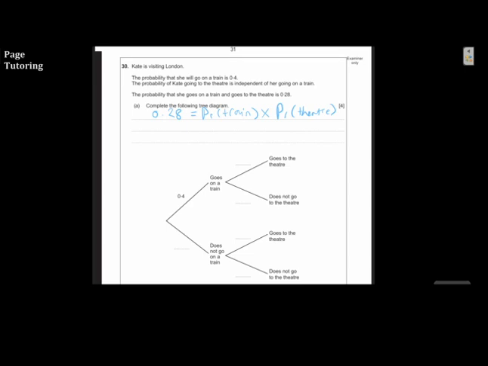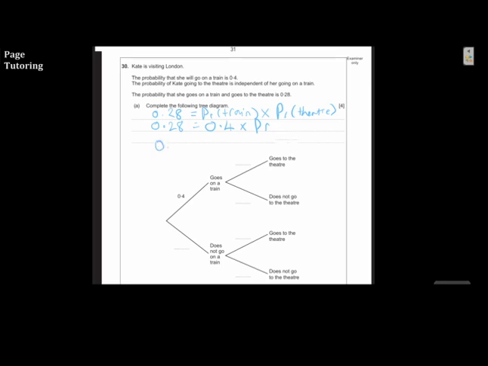And then we're not taking anything away. You might see that in equations where events are dependent on each other, but these are independent. So that's the whole equation. We know that the probability of her going on the train is 0.4, so that would be times the probability here that we're trying to find.